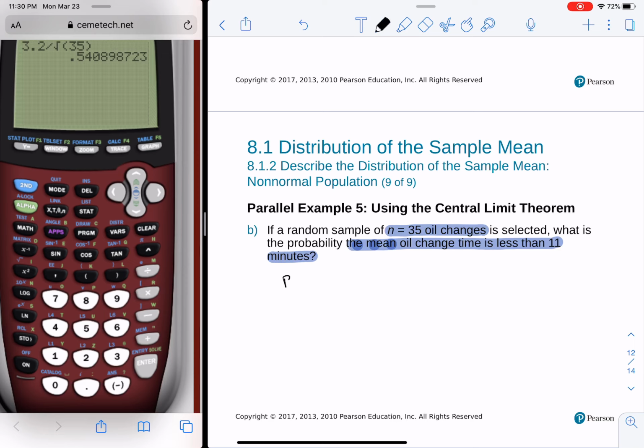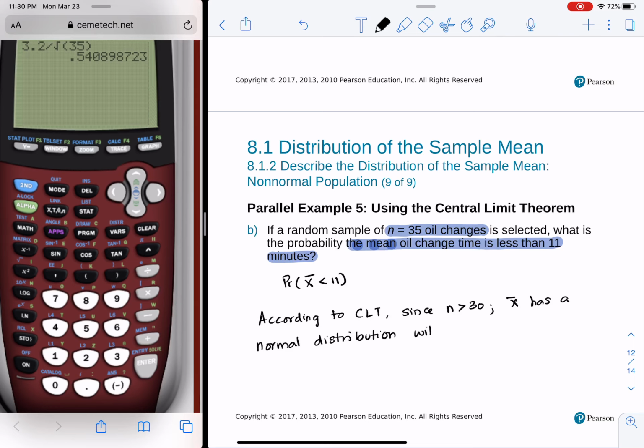Here we're trying to find probability that x bar is less than 11. So the distribution according to CLT, since n is bigger than 30, x bar has a normal distribution with mean.